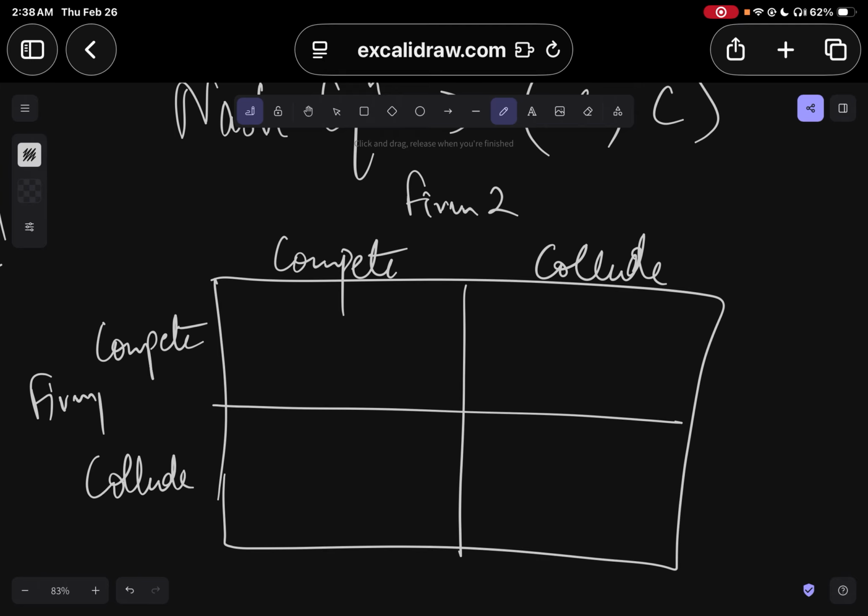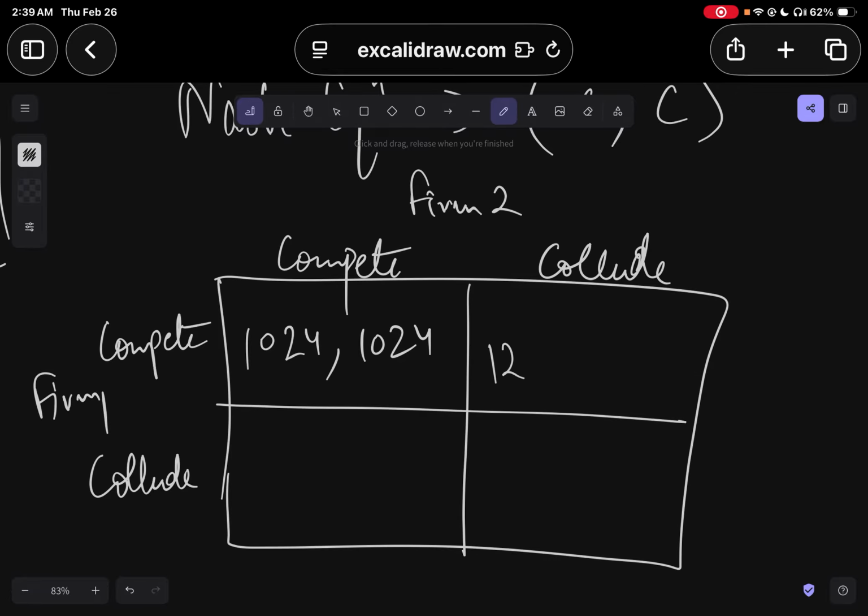Now I don't know why I wrote some values here, but these are the values given. If both of them compete, then they would get 1024 of the market share. If firm 1 competes but firm 2 goes for collusion, then firm 1 will get 1296 and firm 2 will lose and will get 864.